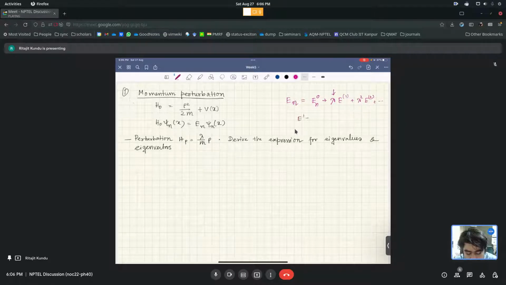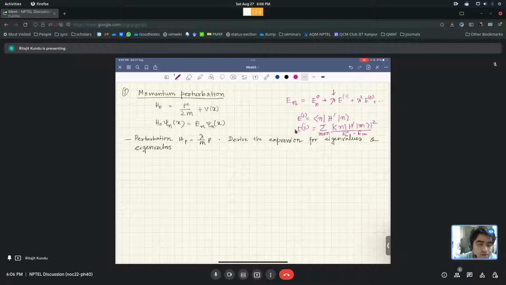E1 is typically given by the expectation value of h prime in state n, where h prime is the perturbation Hamiltonian. This is my first order. E2, on the other hand, is the sum of the mod square of the matrix element of h prime between n and m, divided by En minus Em.